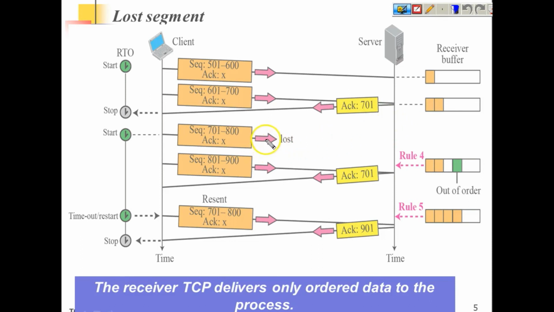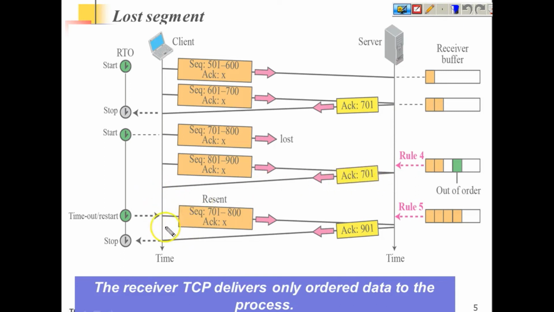Because that packet got lost and 801 is reaching, whenever any out-of-order sequence reaches, it needs to acknowledge that this is the byte number I am expecting. This is because of rule number 4, so it is acknowledged, telling that I am expecting 701.